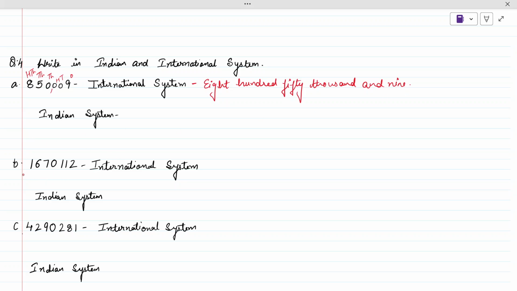Next is this question, B part. Again, I am putting the commas first and the places: ones, tens, 100, 1,000, 10,000, 100,000 and million. So what number will this become? 1,670,112. Correct? Because at the million place we have 1.